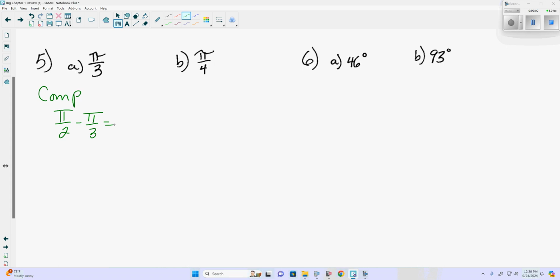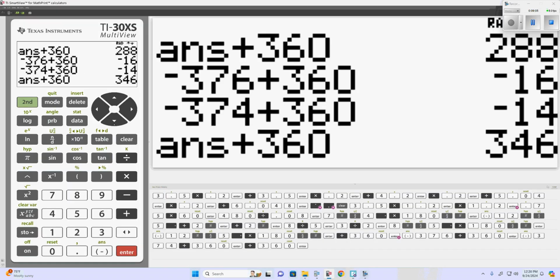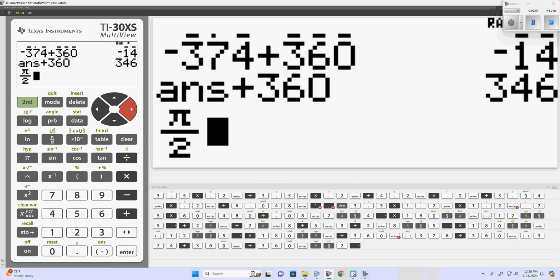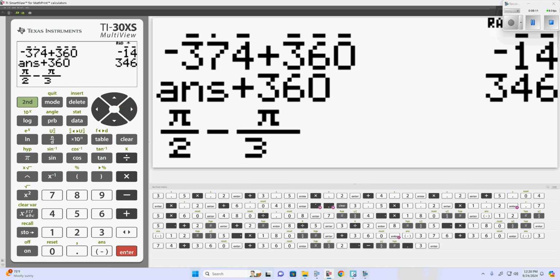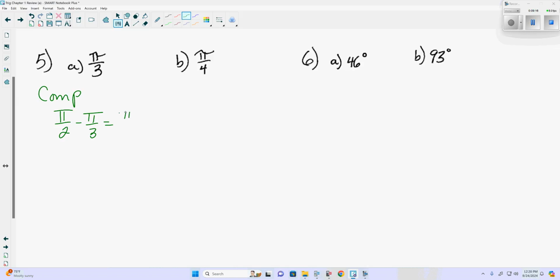So to find it, we take pi over 2 and minus pi over 3 from it. Pi over 2 minus pi over 3 is pi over 6.